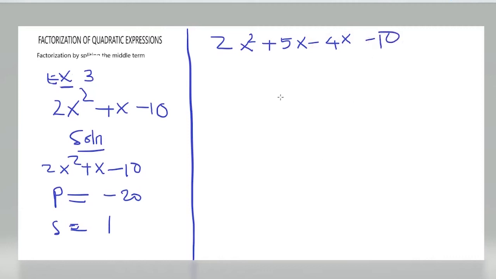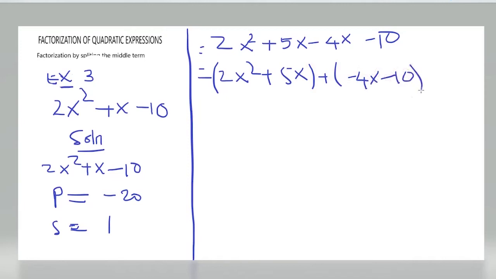Okay, now this one will be equal to 2x squared plus 5x, so arrange two items, then plus negative 4x minus 10.